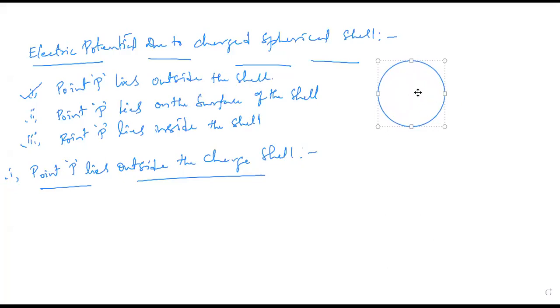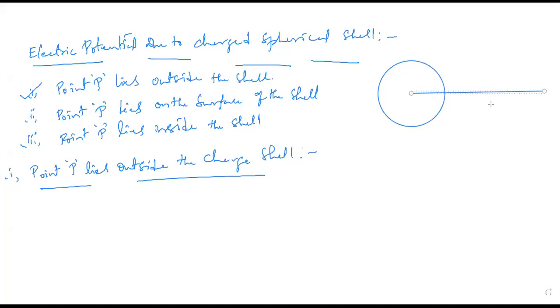So this is the charged spherical shell I have taken. And now this is the center of the spherical shell. From this center, when the point lies outside the shell, this is the point I have taken, P. Otherwise I will extend this a little bit so that our diagram will be clear.